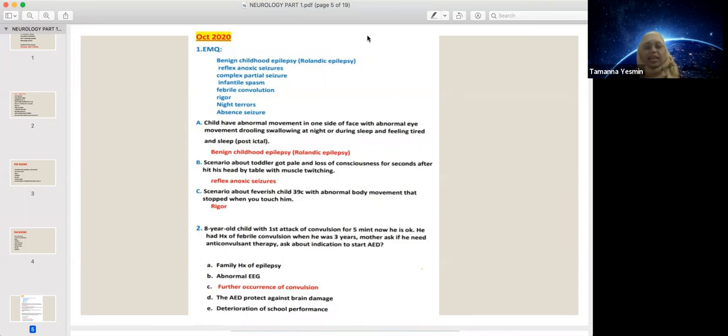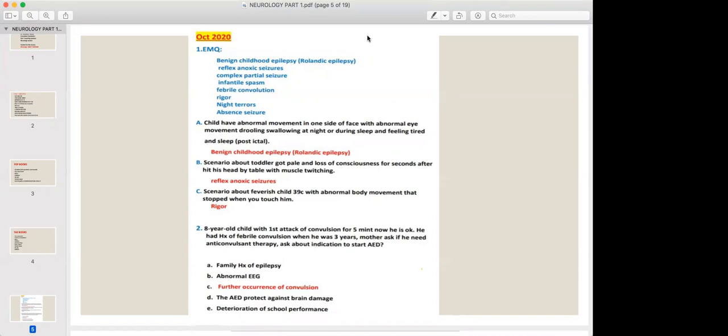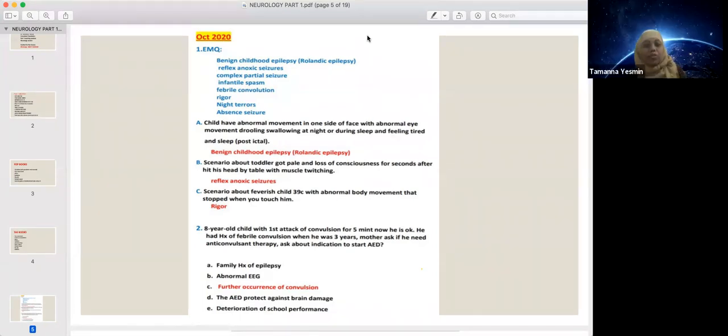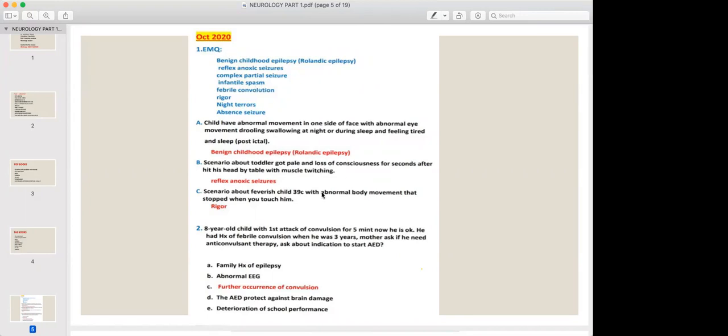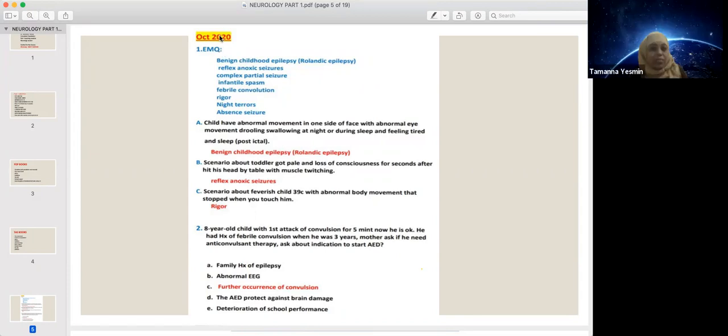So if any child has status, and the child has a family history, this is called provoked. In those cases, we usually start anticonvulsive therapy. And we have to remember, as a pediatrician, we must refer to the neurologist, because we cannot start treatment without any prior knowledge about the epilepsy.